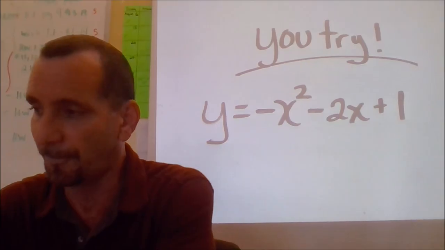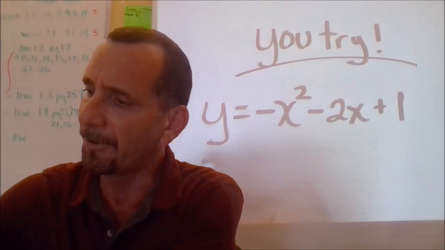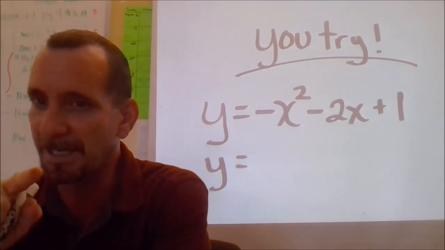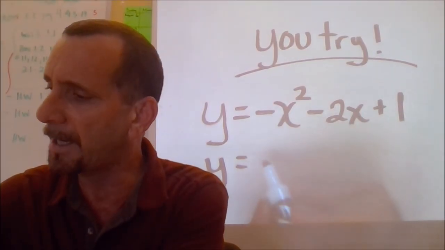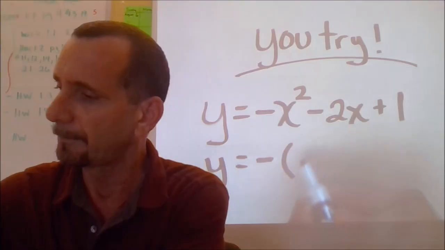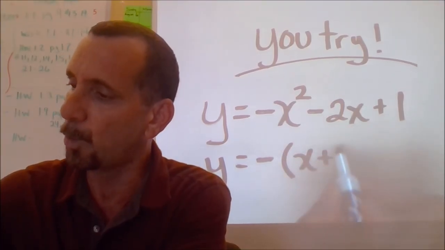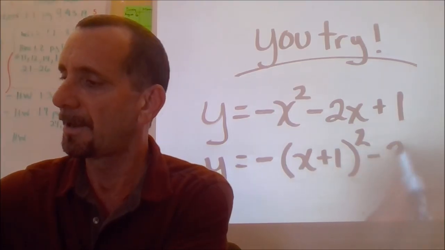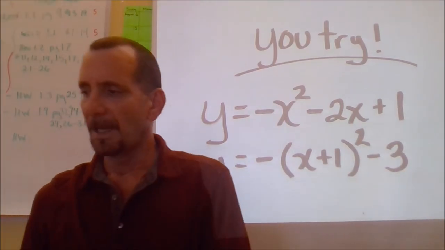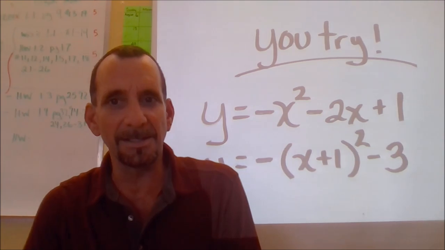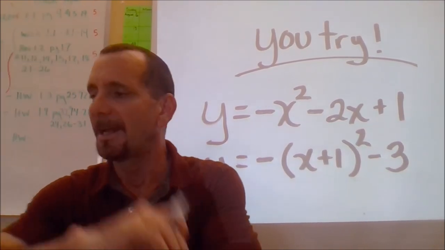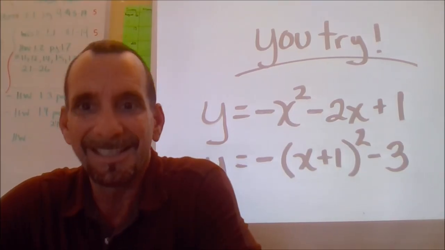That's in standard form. And then we'll put one in vertex form. See if you can do that one by finding that vertex right away. That would be y equals negative (x plus 1) squared minus 3. Plug in some numbers, get that axis of symmetry, find those 3 special points, and we'll see you next week.